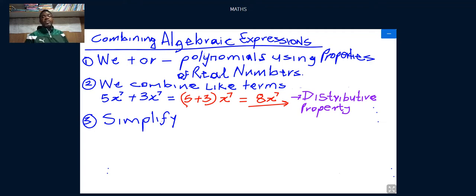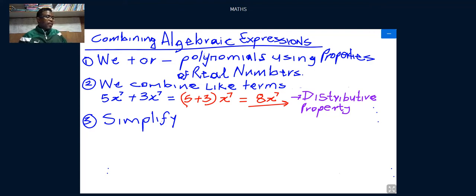And we also mentioned that there were three types of algebraic expressions. The first one was a monomial, the second one a binomial, the third one a trinomial. We discussed that.